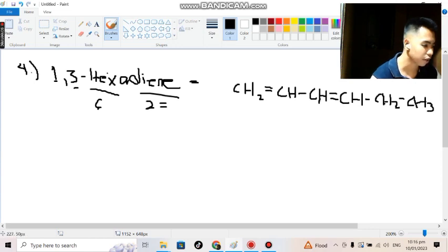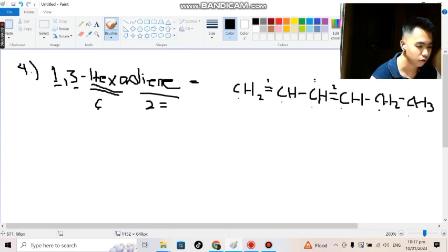Okay, so let's check if this is correct. We have 1, 2, 3, 4, 5, 6, meaning this is a hexa. And then the diene, which means we have two double bonds, in carbon 1 and carbon 3.